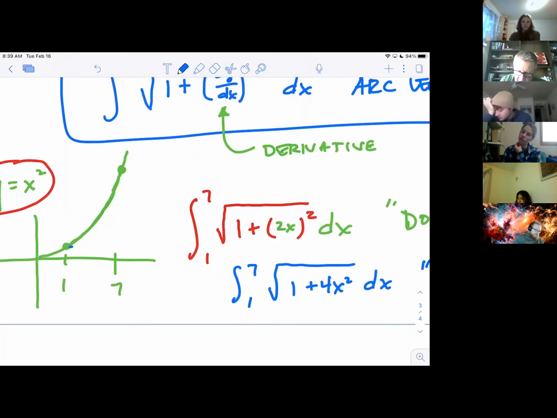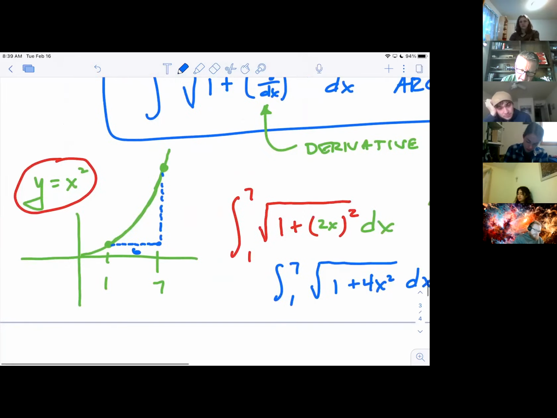Since we went from 1 to 7, of course, you would agree that that's a distance of 6. And then if I plug these in, if I plug 1 in, I get 1 for a y coordinate. If I plug 7 in, don't I get 49 for a y coordinate? So that means this is 48 tall. You agree that my right triangle is 6 by 48.